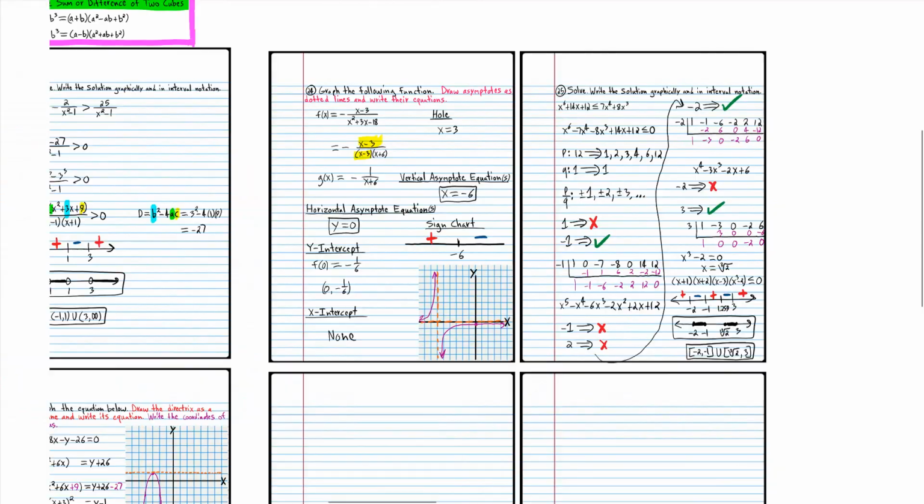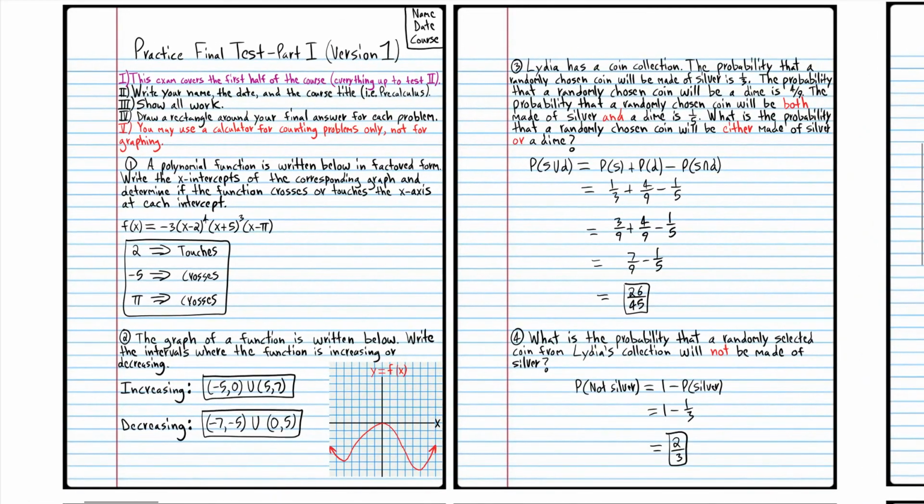So that was the class today. If you'd like to take screenshots of this practice test that we just completed, go ahead and do that now.